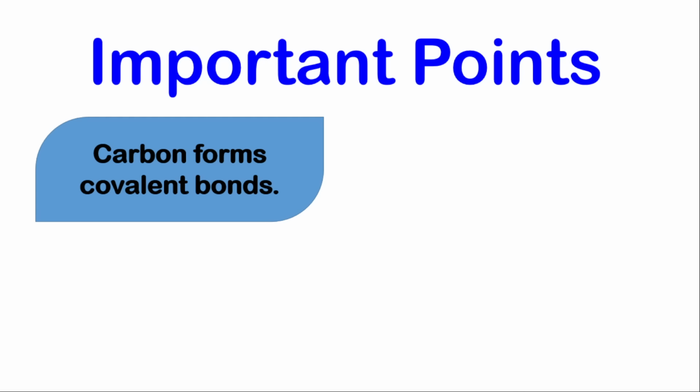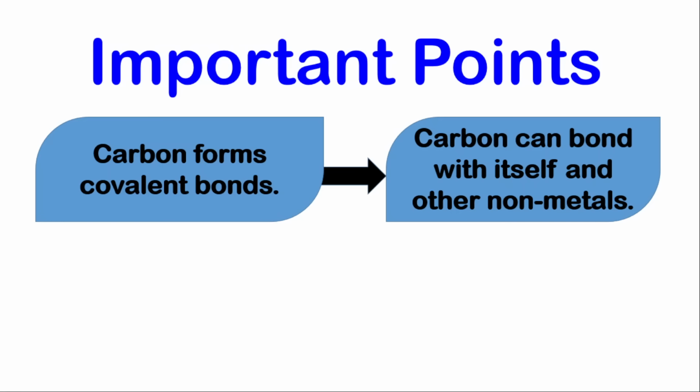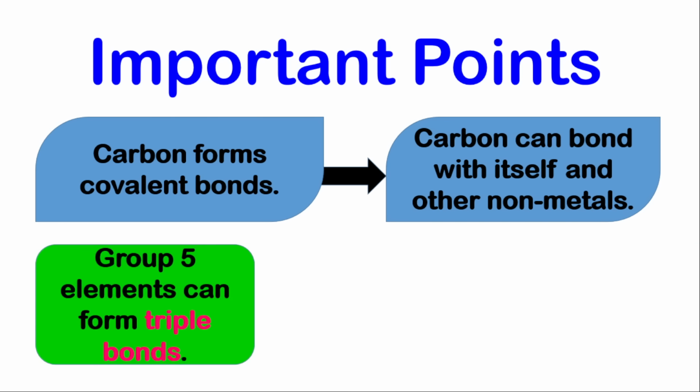All right. Now, an important point to note right here is that carbon forms covalent bonds. Just to make note of that. Carbon can bond with itself and other non-metals easily. Group 5 elements can form triple bonds with carbon. Just to make mention of that, because how do we know it can form a triple bond? Because each group 5 element requires 3 more electrons, which means they can form triple bonds.